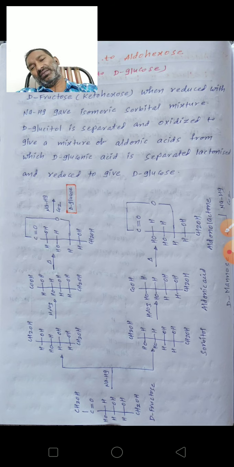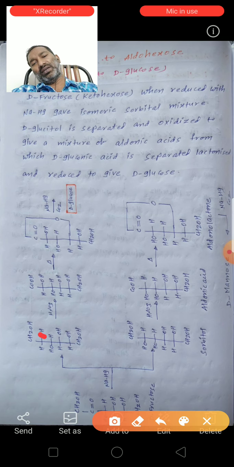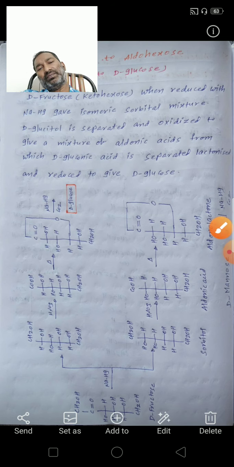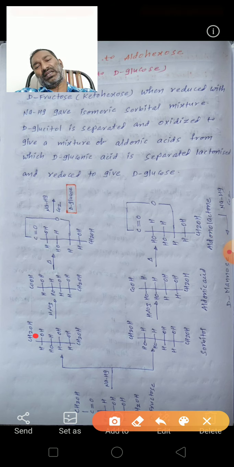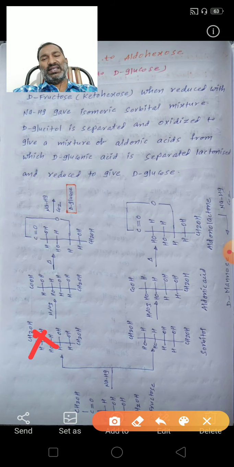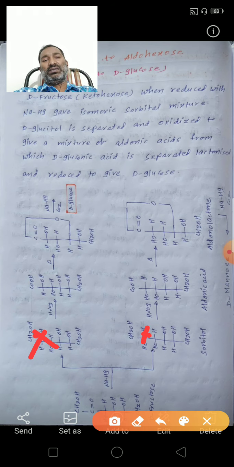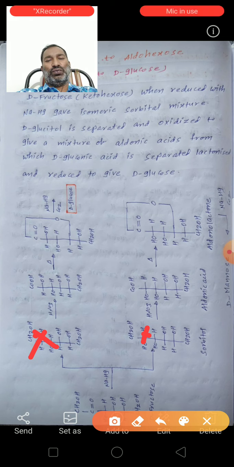See the above one: at the second carbon, OH is on the right side, H is on the left side. In the below mixture, at the second carbon H is on the right side, OH is on the left side.